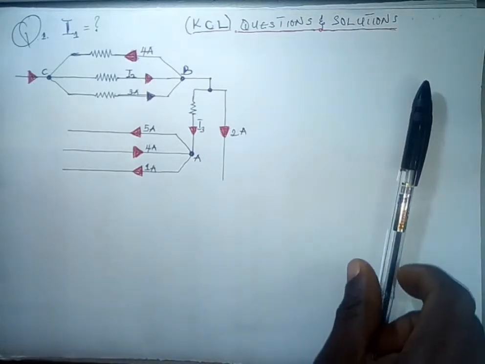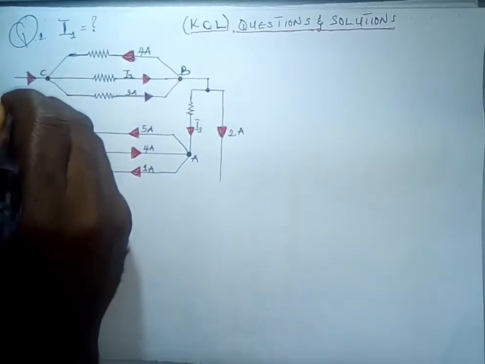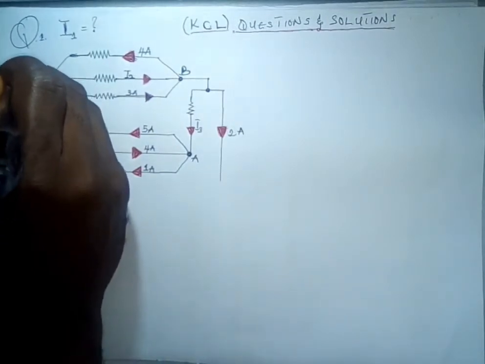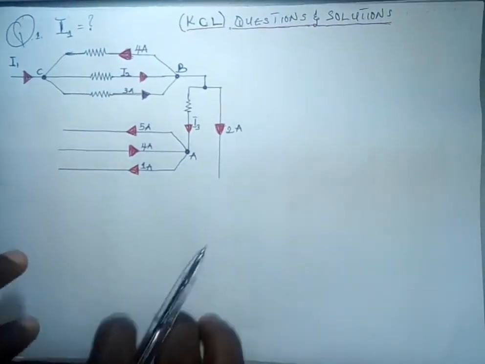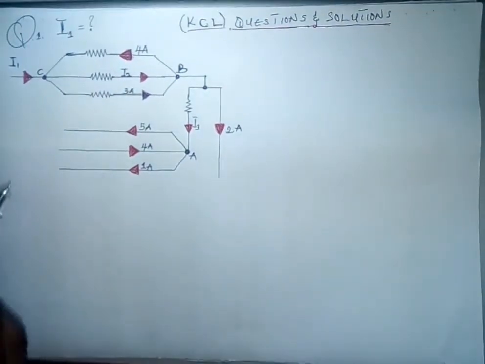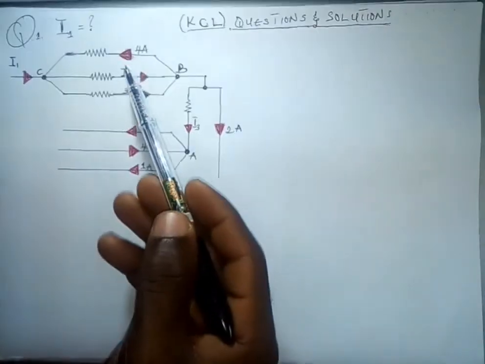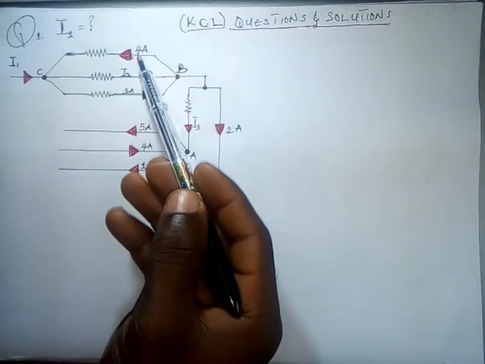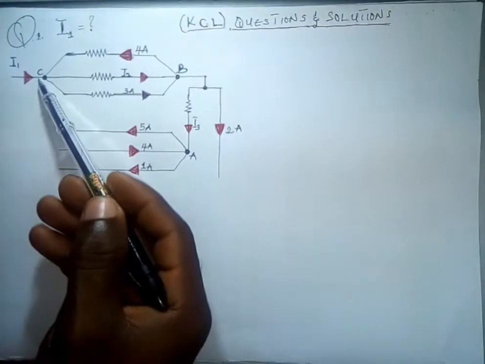Now, what is the position of I1? This is the position of I1. I1 is the current that enters the schematic from the beginning, and we are looking for it. It is unknown. Inside this schematic we have 4 ampere, going in this direction and entering the node.